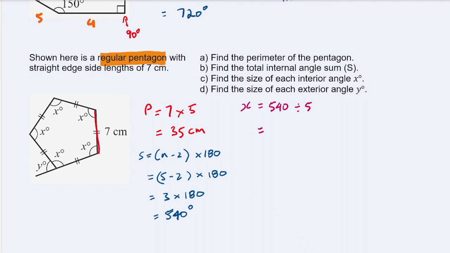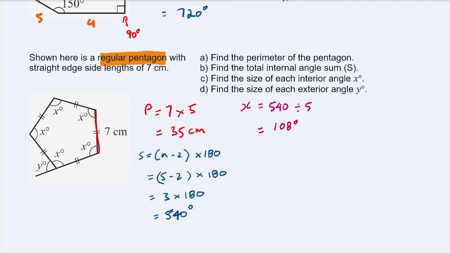And for that one, we're going to get 108 degrees. So each of those angles is 108 degrees. X equals 108. Our last bit there is we want to find y, which is the exterior angles.